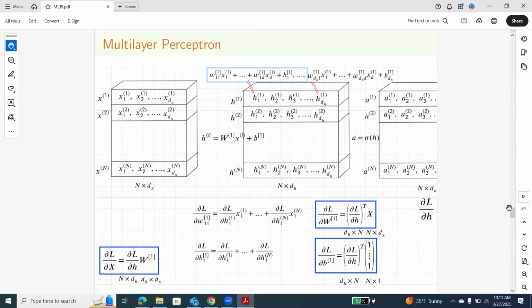If you look at the first component of vector H with superscript 1, it will be this linear function. And if you look at the second or the last component, it will be the next linear function.